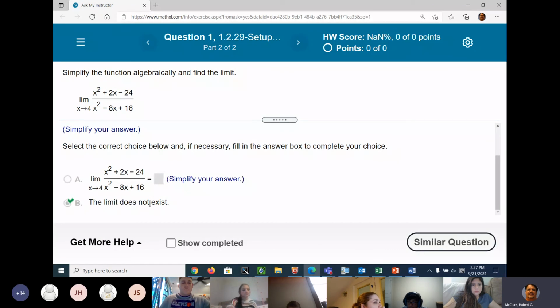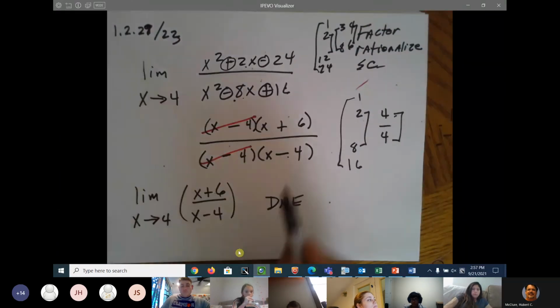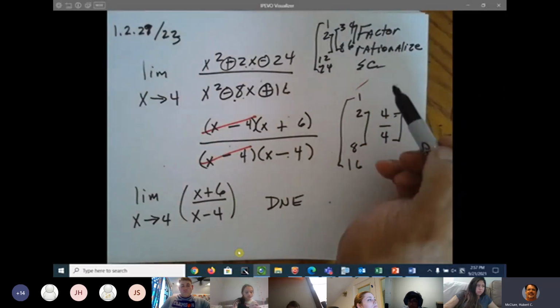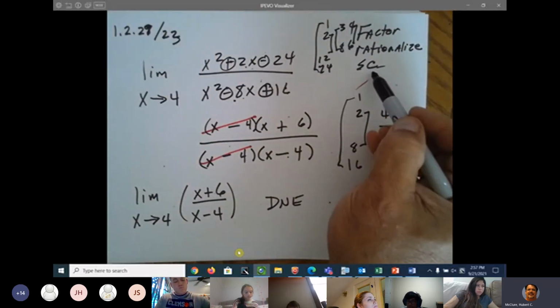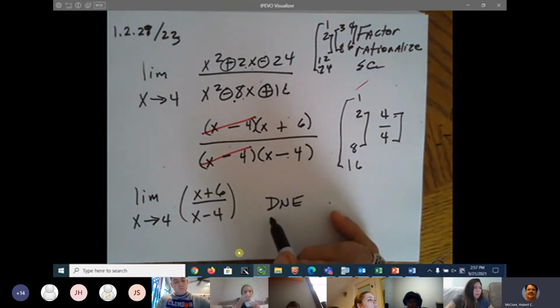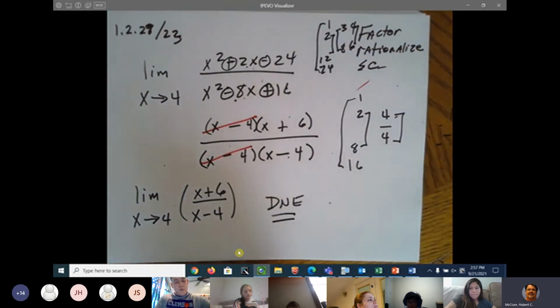And then this is limit does not exist, because once you've done everything you can, once you've factored, once you've rationalized, once you've used the shortcuts, if you still can't get this to work, then what? Limit does not exist. Okay.